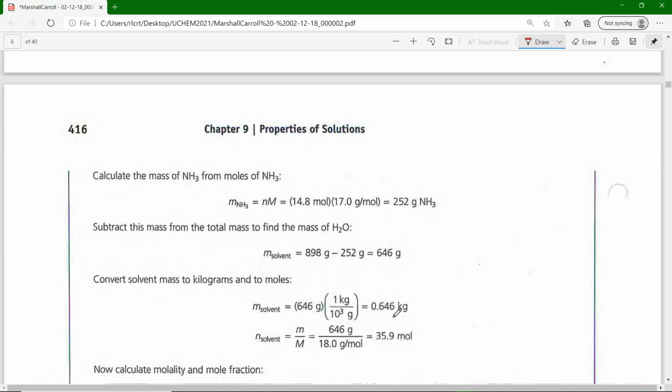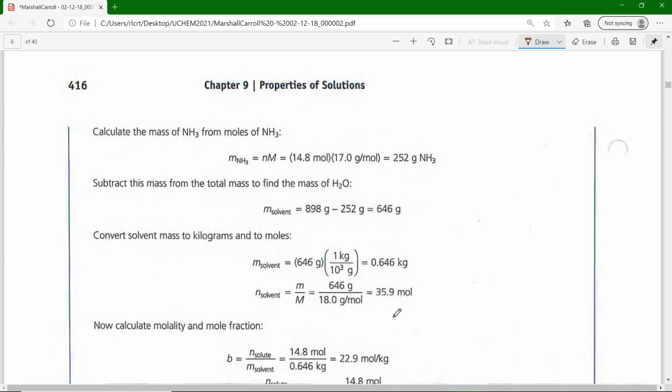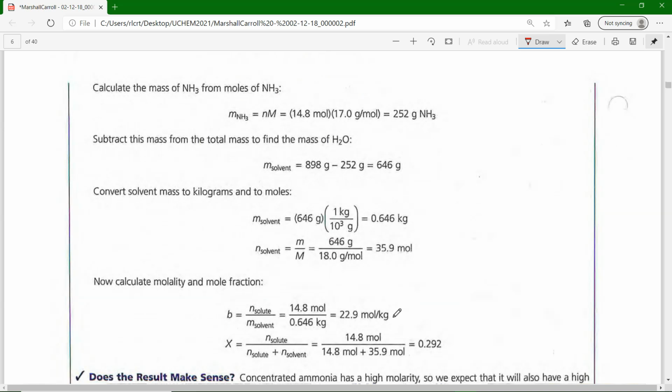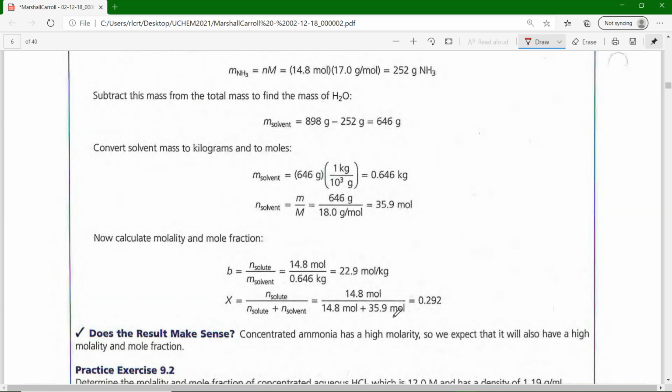Solvent mass to kilograms: the mass of the solvent is 0.646 kilograms. The moles of the solvent is 646 grams divided by 18.02 grams per mole, which is 35.9 moles. And now we can get the molality: the moles of solute, 14.8 moles, over 0.646 kilograms. Now you might ask, why did you do 1 liter? What if you did 2 liters or 5 liters? You'd get the same answer because it's a ratio.